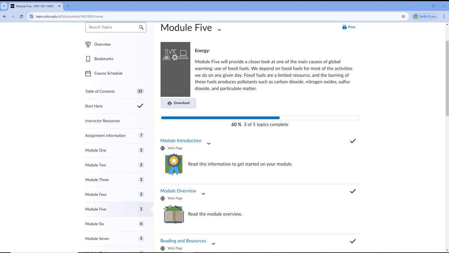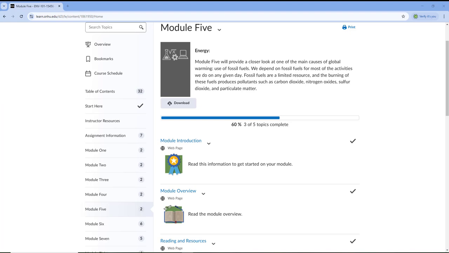Now, in the past, a lot of our energy came from fossil fuels, and fossil fuels are the major contributor to global warming. So we're going to be taking a look at alternatives to fossil fuels, renewable energy alternatives, and the pros and cons with these. We're also going to look at the political and economic issues that surround those energy strategies.